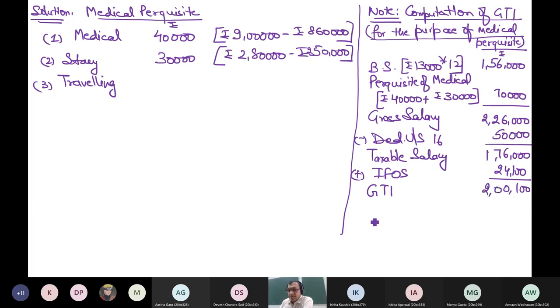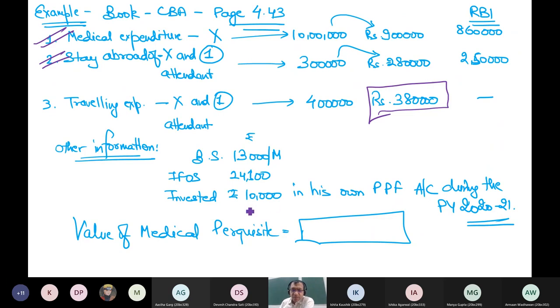It gives me gross total income, which is 2 lakh 100. But do you know there is a deduction under section 80C also in this case? Had I told you this point or not? Investment in public provident fund account is eligible for deduction under section 80C.